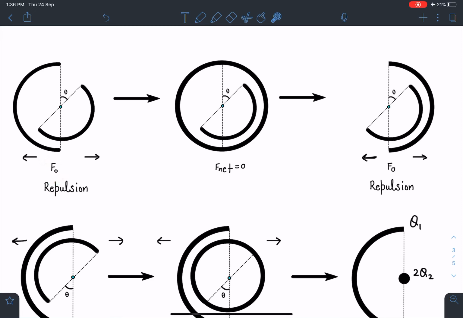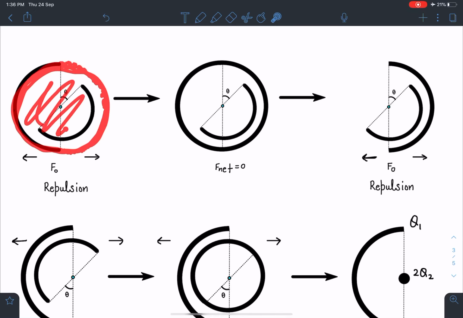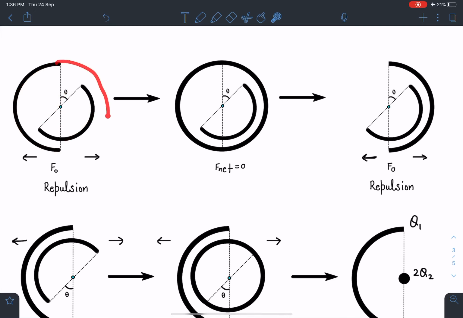All right. Now you see here, if I try to complete this shell here, it will be like a complete shell. For a uniformly charged complete shell, the electric field inside is going to be 0. That means everywhere inside, the field is 0, and if that happens, then the force on the inner hemispherical shell due to this complete shell must be 0.